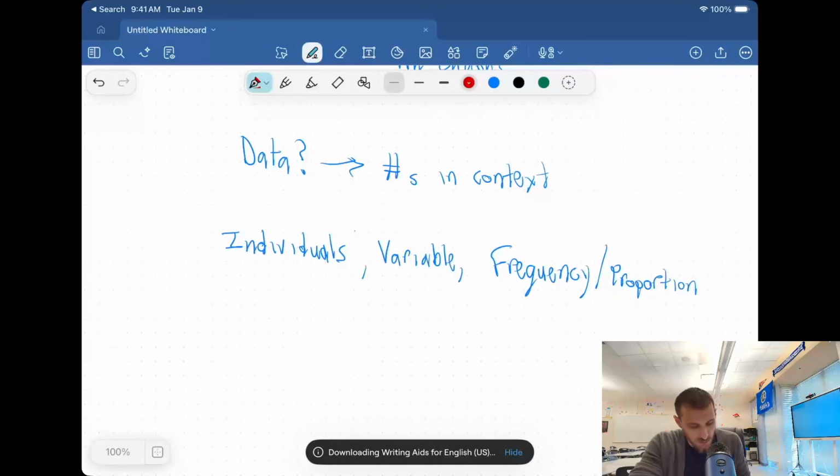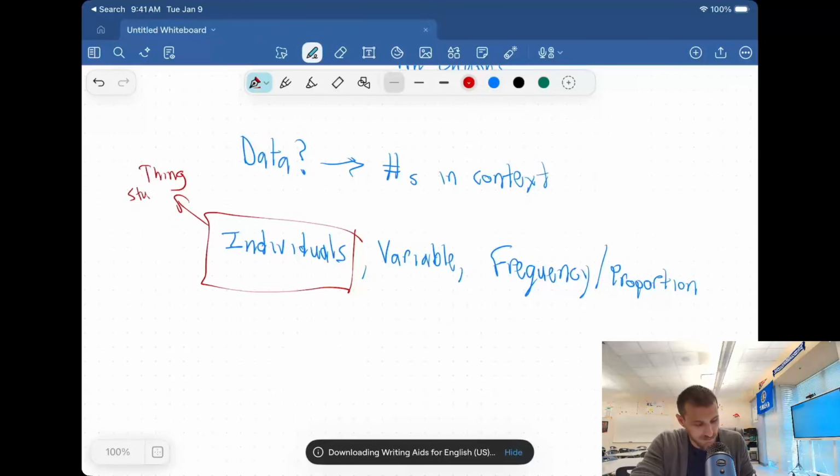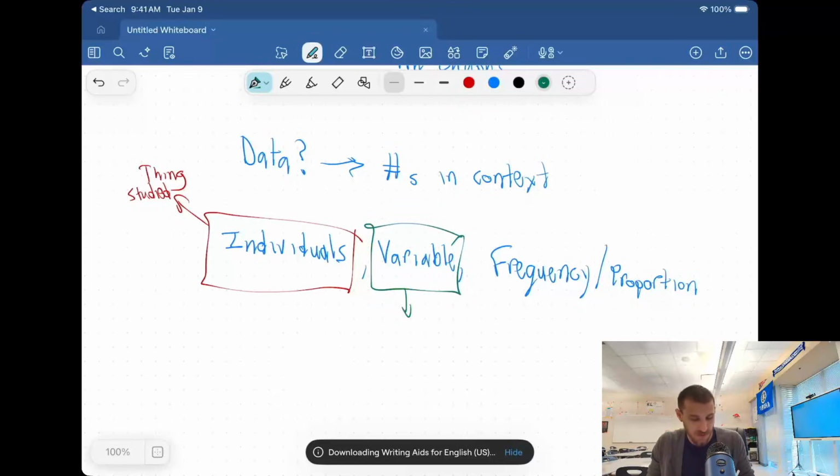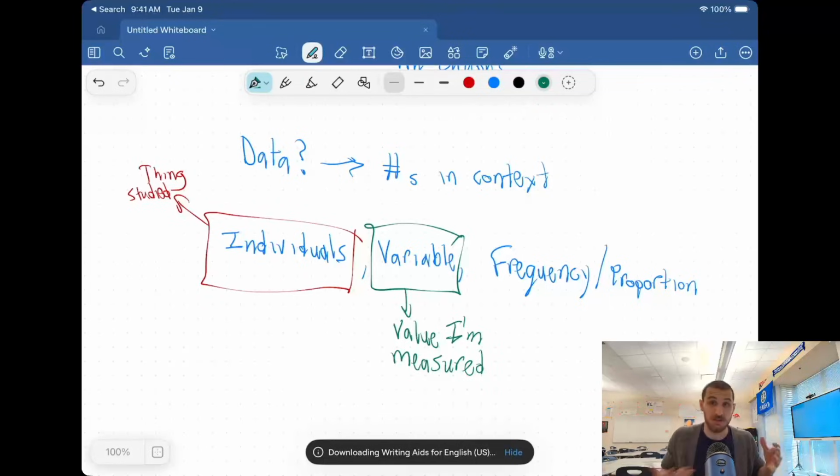Individuals are the thing you are studying. If I'm looking at different heights of high school students, I am studying high school students. That's my individual. The individual, however, is not the heights. It is not the variable, which is the value I'm measuring, the component of the individual that's being measured.